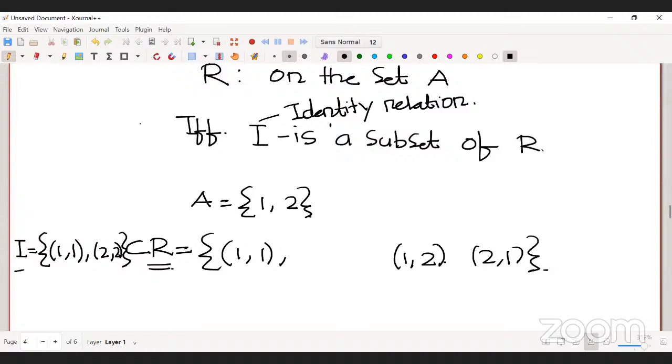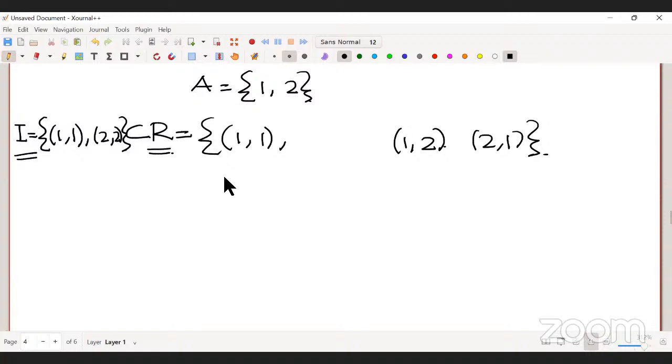So that's why I is not a subset of R. So a relation is reflexive precisely when the identity relation is a subset of R. Okay.